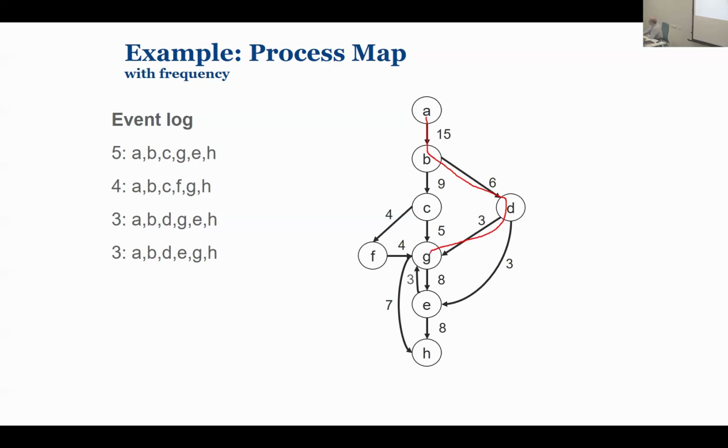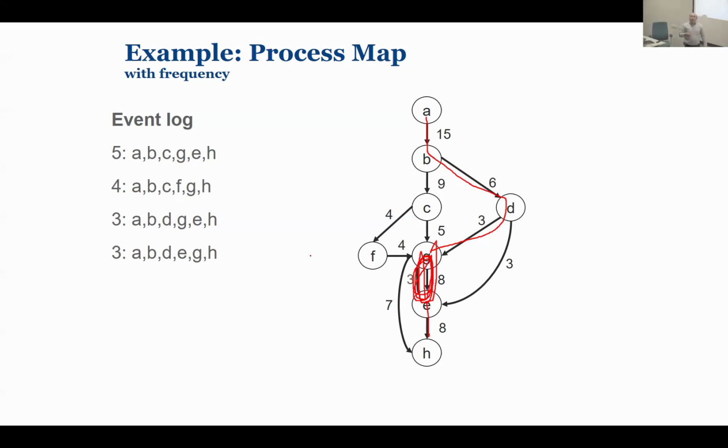But then what is more controversial is that it suggests that from G, you can go to E, and that from E, you can go to G, and therefore I can go back to E, and then I can go back to G. And it suggests that you can repeat this loop multiple times before exiting. But that is not true.